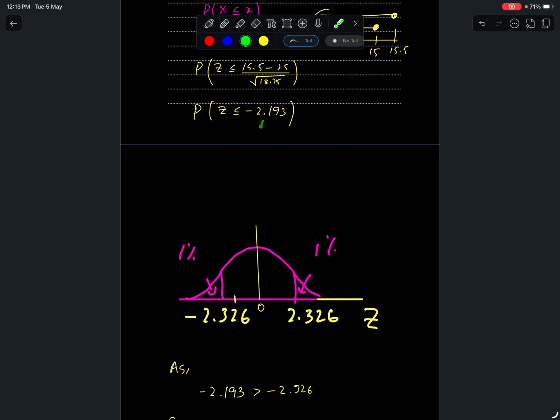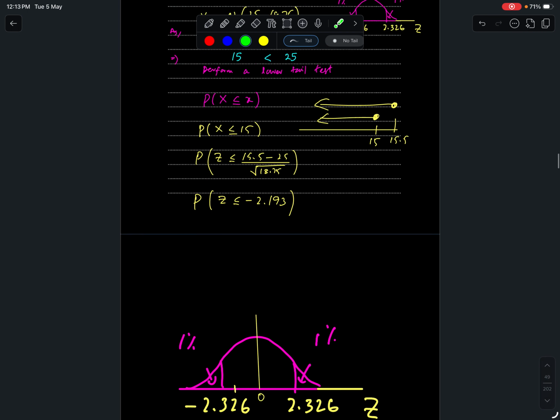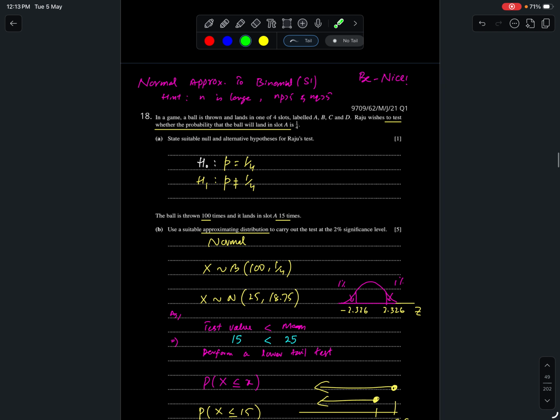Now check this value. This is outside the critical region. So accept H0. Sufficient evidence that P is 1 upon 4. We accept H0, so conclude sufficient evidence that P is 1 upon 4, or you can conclude in this way: insufficient evidence that P is not equal to 1 upon 4.